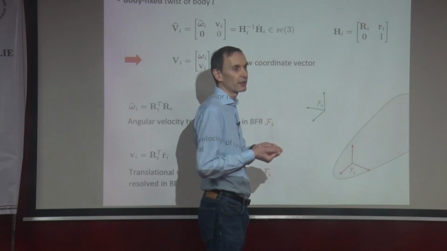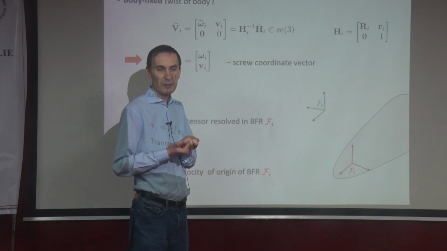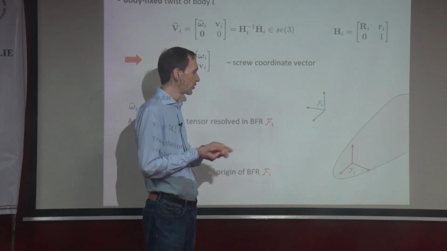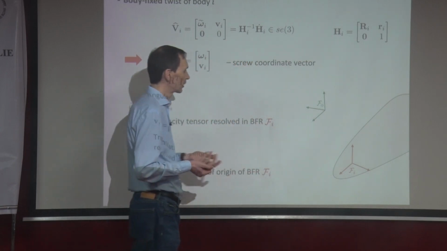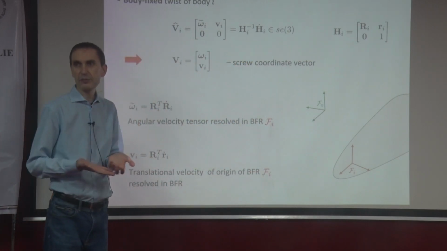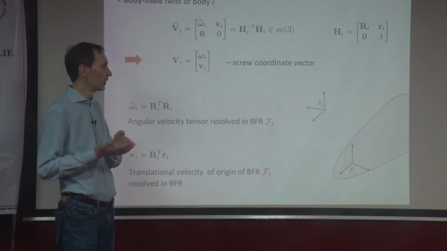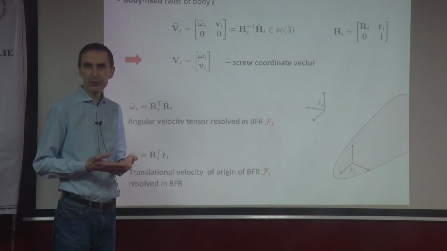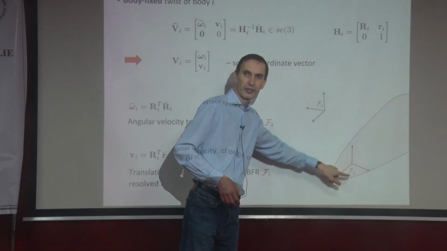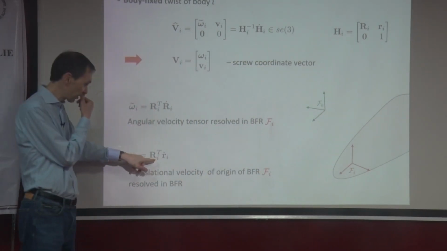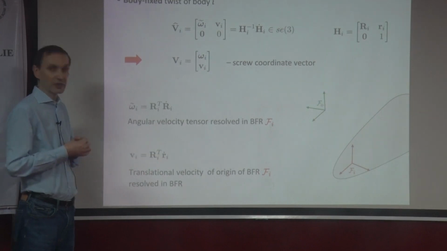But if I want to express it in the body-fixed frame, then I have to transform these coordinates into the body-fixed frame. This means multiplying with the corresponding rotation matrix, which is the inverse, that is the transpose of the one that goes from here to here, because we want to go from here to here. And that's why we have R transpose times R dot.